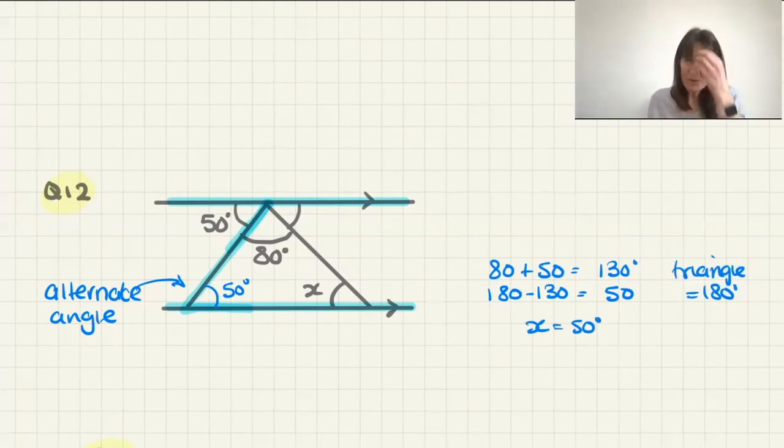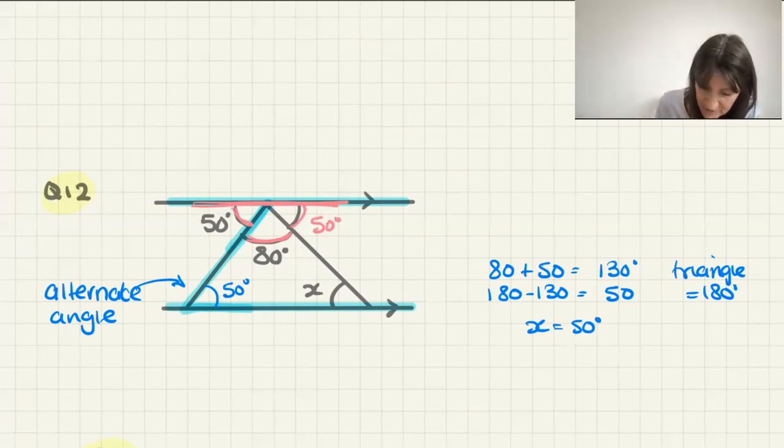Okay. Now you may have done it a different way because there is more than one way to do this. You could, and I'll mark it on in red, it might get a bit messy, but you might have thought, oh, there's a straight line there. I know that's 50 and I know that's 80. So I know that has to be 50 degrees because of a straight line. And then you could have Z'd down to the X and done an alternate angle.